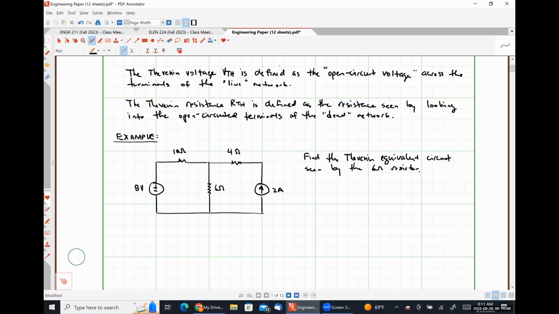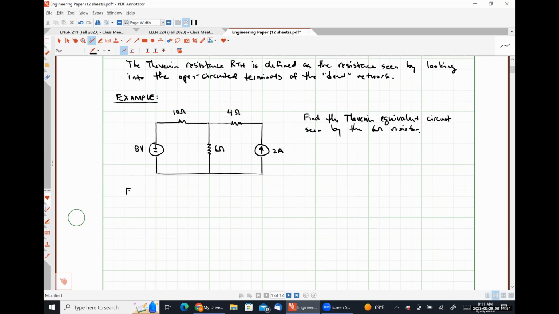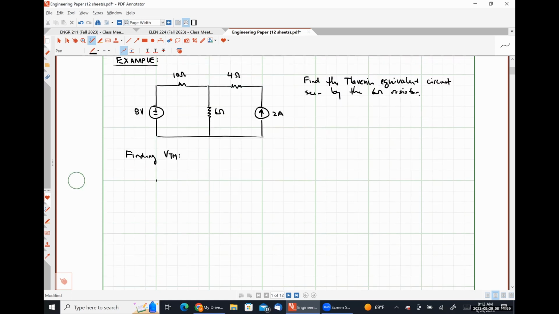Okay. So to find the Thevenin voltage, we redraw our circuit. Just be aware that I'm about to make you erase something, so you might want to hold on just a smidge. All right, so this is our original circuit.